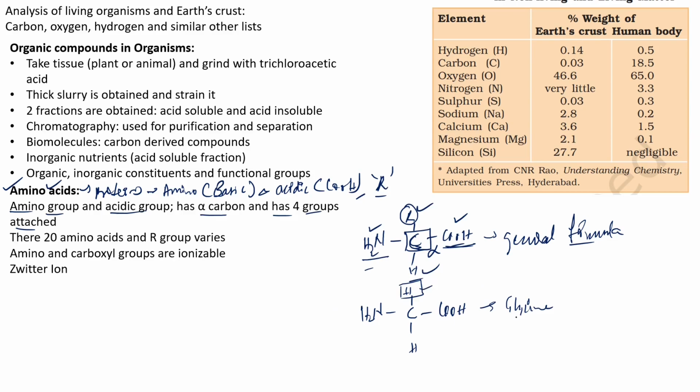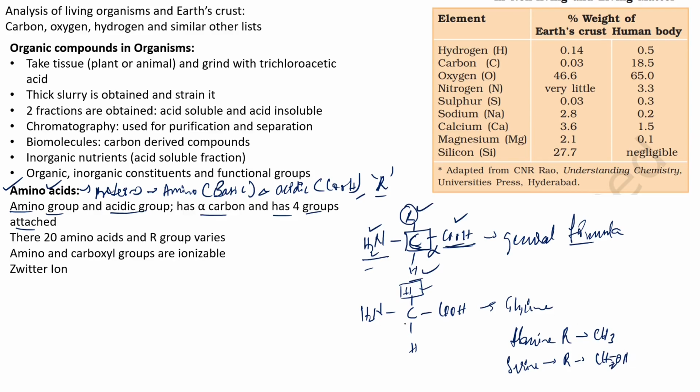Now in the case of another amino acid, if you consider alanine, the R group is simply a methyl group, that is CH3, right? And in the case of serine, the R group is CH2OH, which is a hydroxymethyl group.